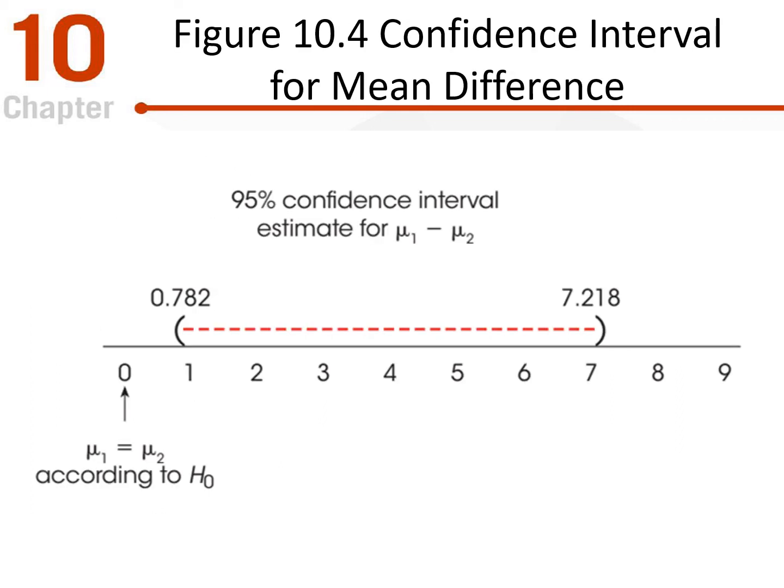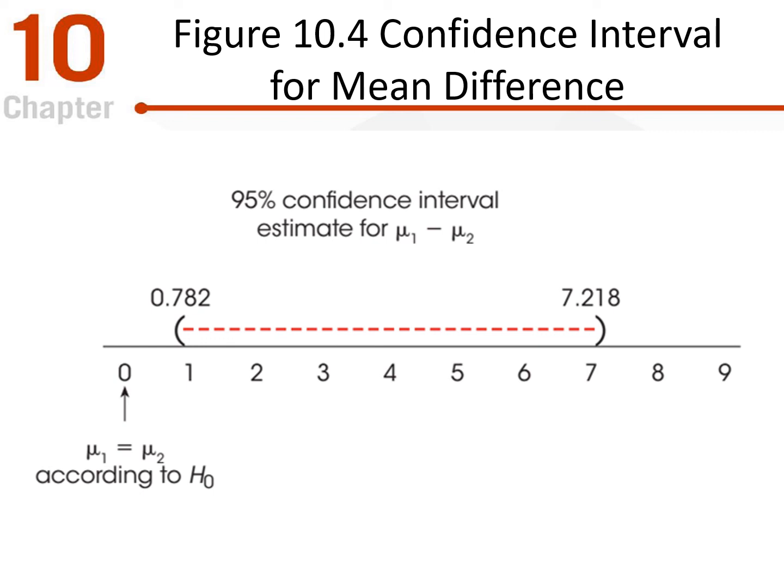And here's what I mean by containing zero. Let's say your confidence interval is 0.782 all the way to 7.218. That's your 95% confidence interval. That means you're 95% confident that the true population difference, the difference between population 1 and population 2, falls between these 2 points.